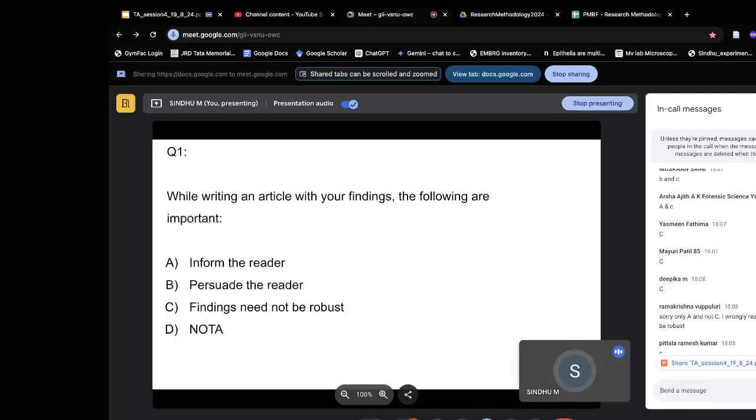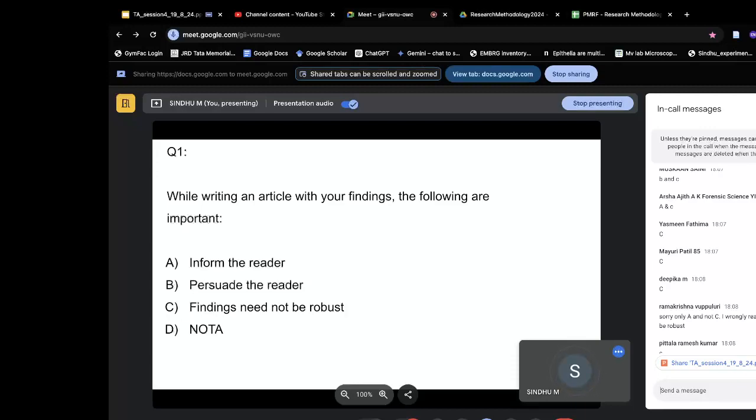Option A, inform the reader. That is correct. That is the main purpose of a journal article, to communicate our findings. So, option A is correct. And this is what almost all papers do, informing the reader. But in some of the papers, after informing, they also try to explain the result, why they are getting it.